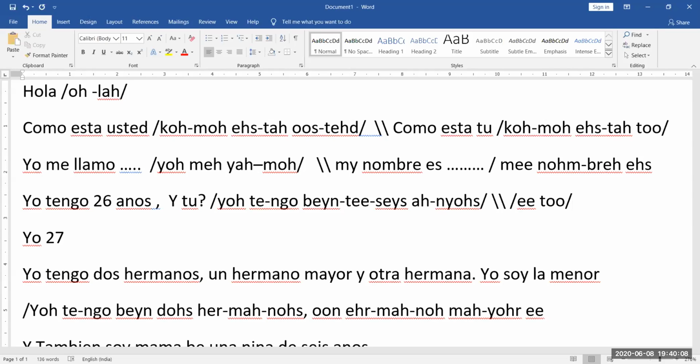Because nombre in French is number, and here it's name. Over here, nombre is the name. Number is nothing but número. What does tengo mean?